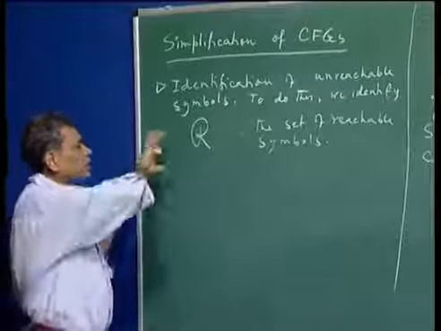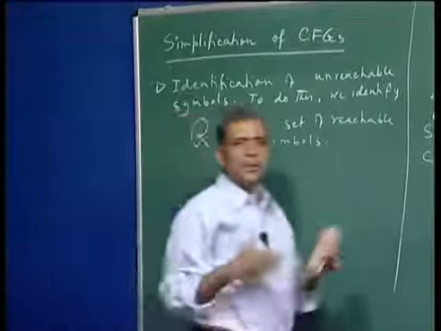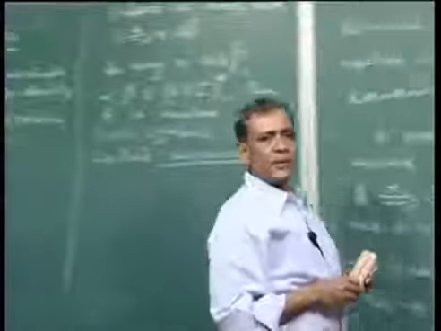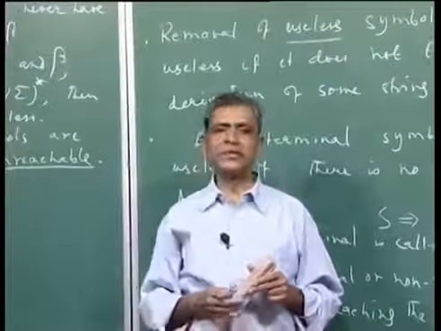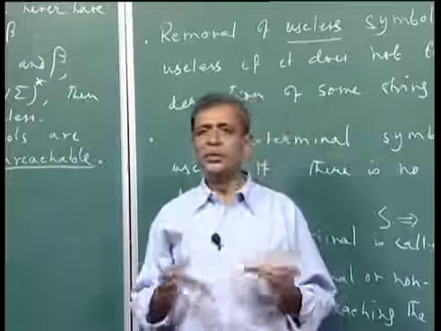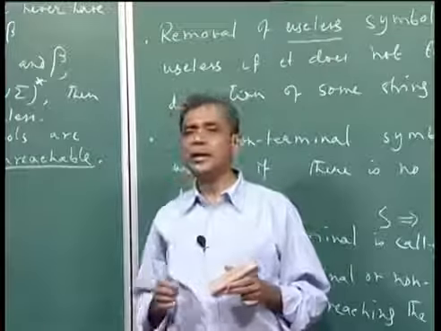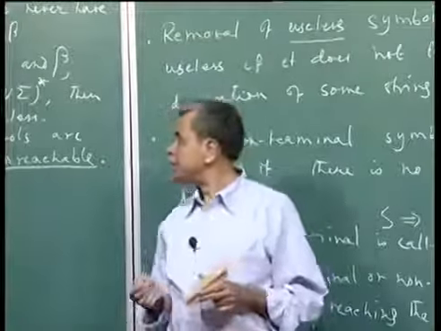Basically, take this set out from V union sigma, whatever is left, all the symbols which are left after taking out the reachable symbols from V union sigma, these symbols will be obviously unreachable.